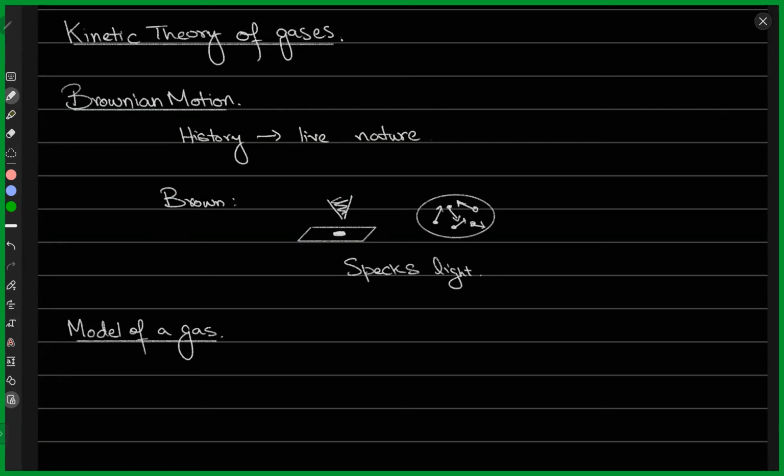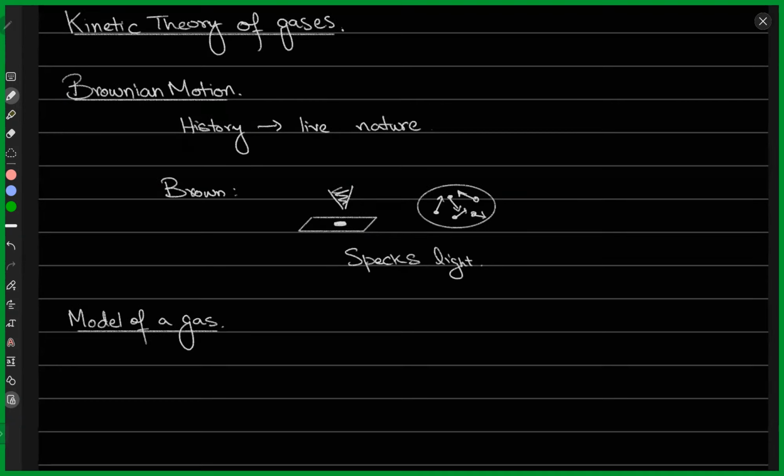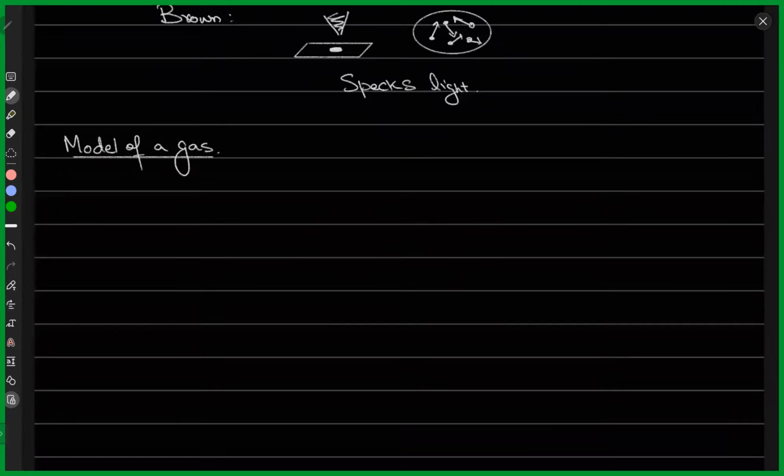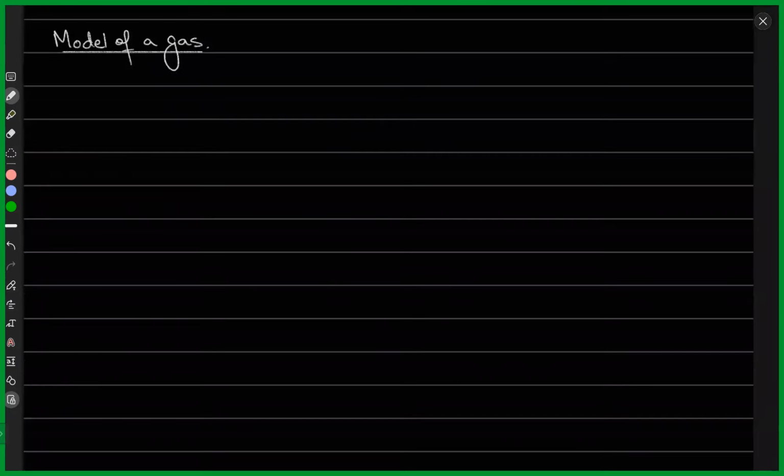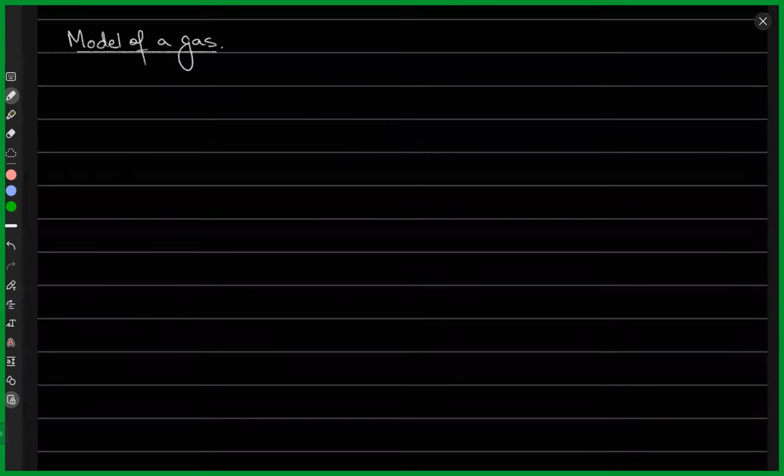Now we know that a gas is made up of molecules, right? So you can have oxygen molecules, you can have hydrogen molecules, and combining a lot of those molecules will give you a gas, right? Let me draw them as spheres. There are multiple molecules, and these molecules are moving because of the Brownian motion that we discussed last time.